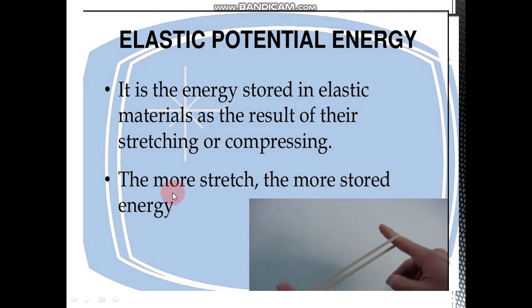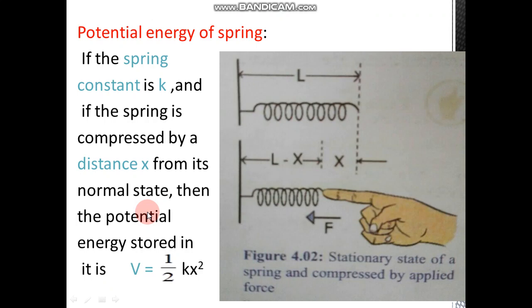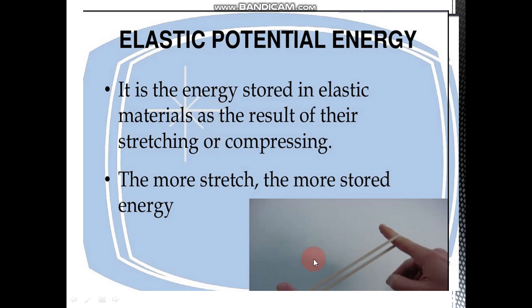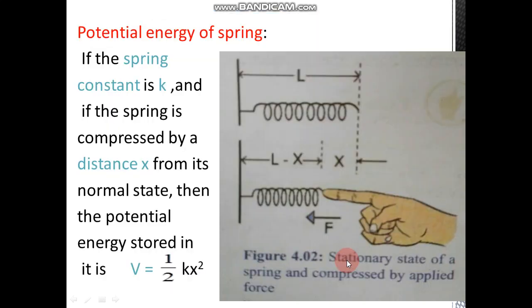If we compress any matter more, it will store more energy. In these cases, we will discuss the potential energy of a spring. Here we stressed the rubber. In these cases, we compressed a spring.